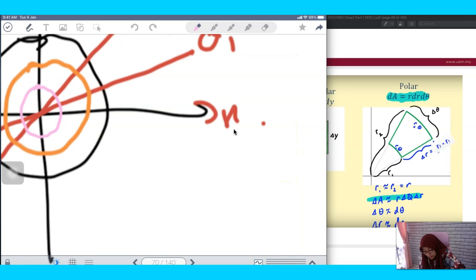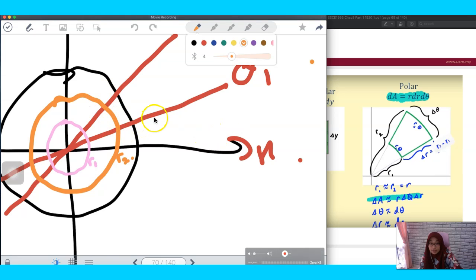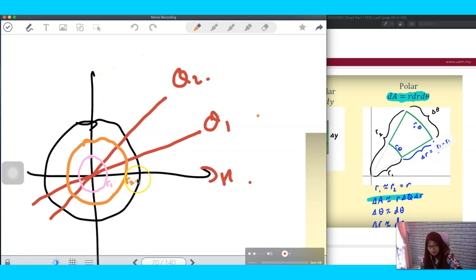Okay, so now this one is given by r1, where the radius of the circle is r1, and the other one has radius r2. When we take this out, we have the region bounded by theta 1 and theta 2, and also r1 and r2.